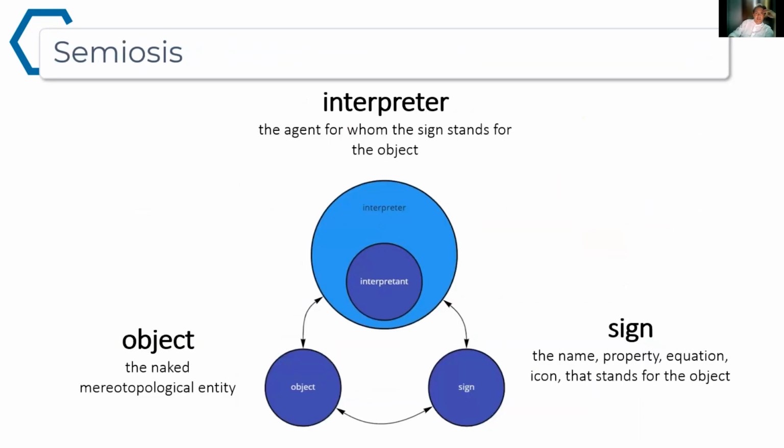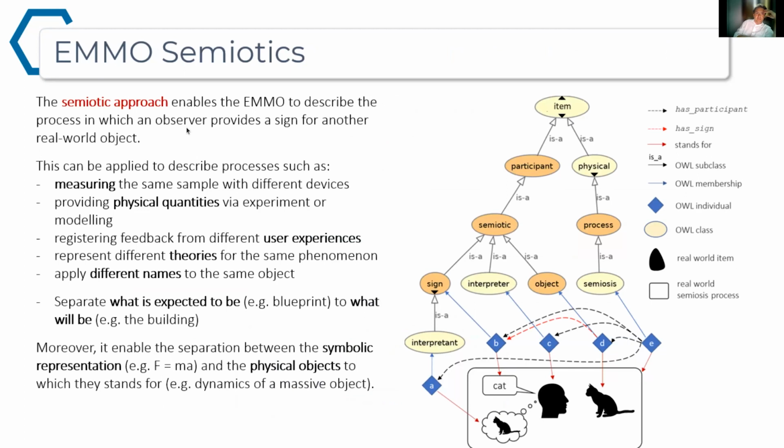We also use an approach called semiotics in order to represent the properties of things. For example, we want to represent the process for an observer to look at something and recognize it in some way internally, and then express the information using a language that can be understood also by others. This is called semiosis.